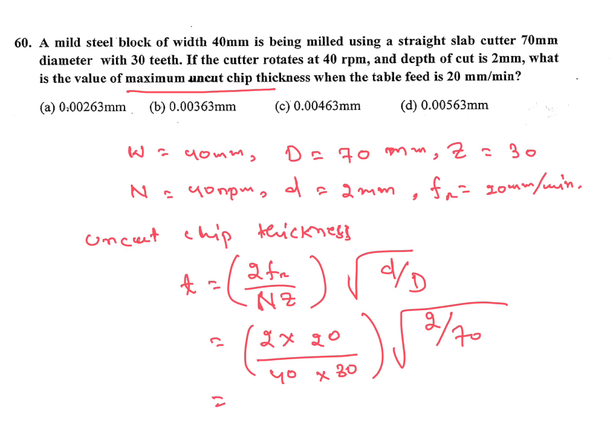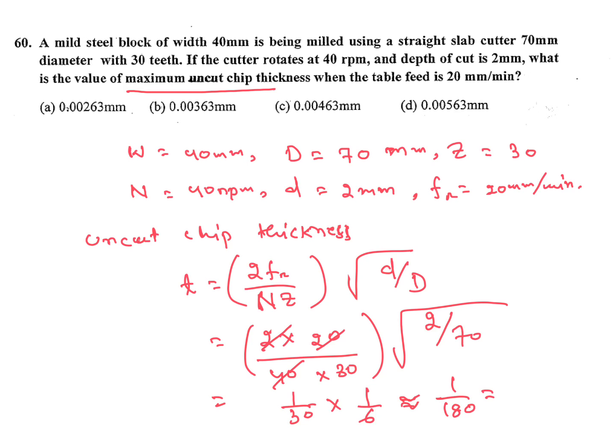So cancel: 1 by 30 into 2 by 70, it's 1 by 35, so nearly 1 by 36, root over is 1 by 6. In ISRO they will not provide a calculator, so you can get an approximate value.